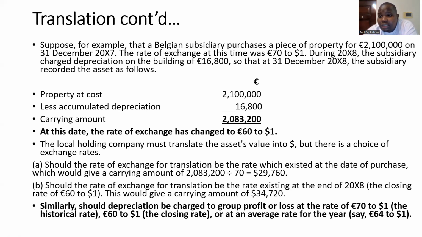The standard says non-monetary items should be translated at closing rate. There's no discussion on that. So the correct answer here is the closing rate of 60, so 34,720. The difference between 34,720 and 29,760 is the exchange difference. Again, there's a gain element there.